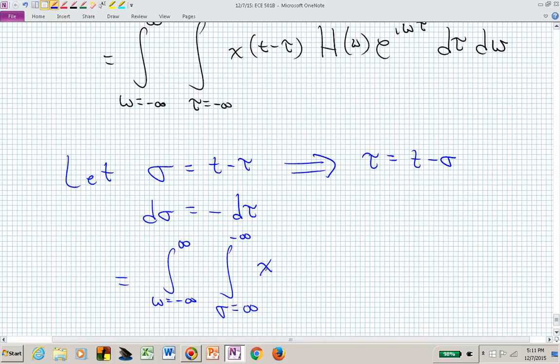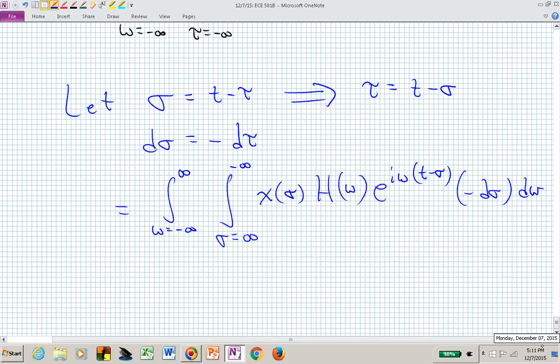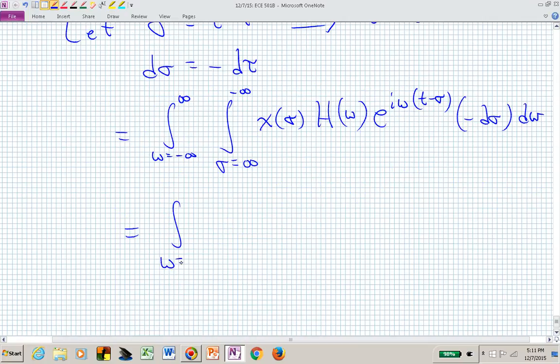We have x of sigma, h of omega, e to the i omega, and now tau is t minus sigma, minus d sigma for d tau, d omega. But we can now clean this up a little bit.